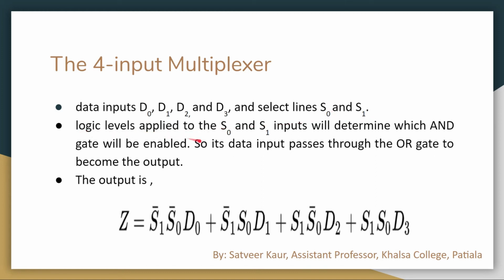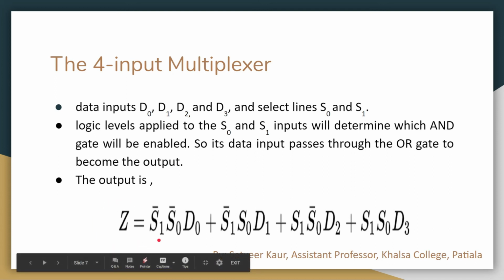Now the logic levels applied to the S0 and S1 inputs will determine which AND gate will be enabled, so that its data input passes through the next OR gate to become the output. And the output will be Z = S1' S0' D0 + S1' S0 D1 + S1 S0' D2 + S1 S0 D3.